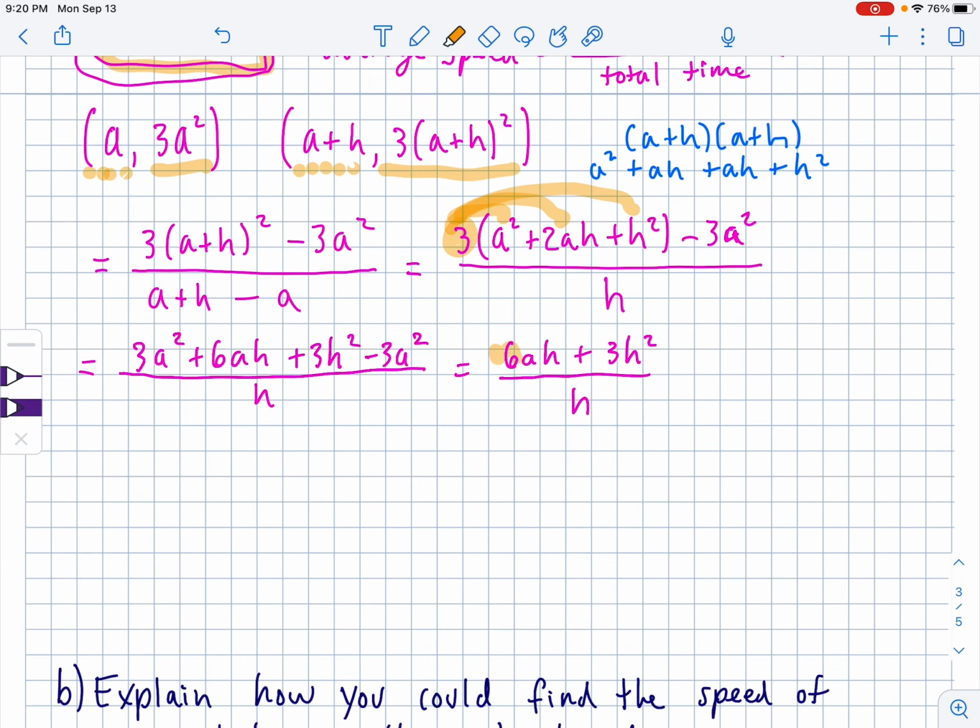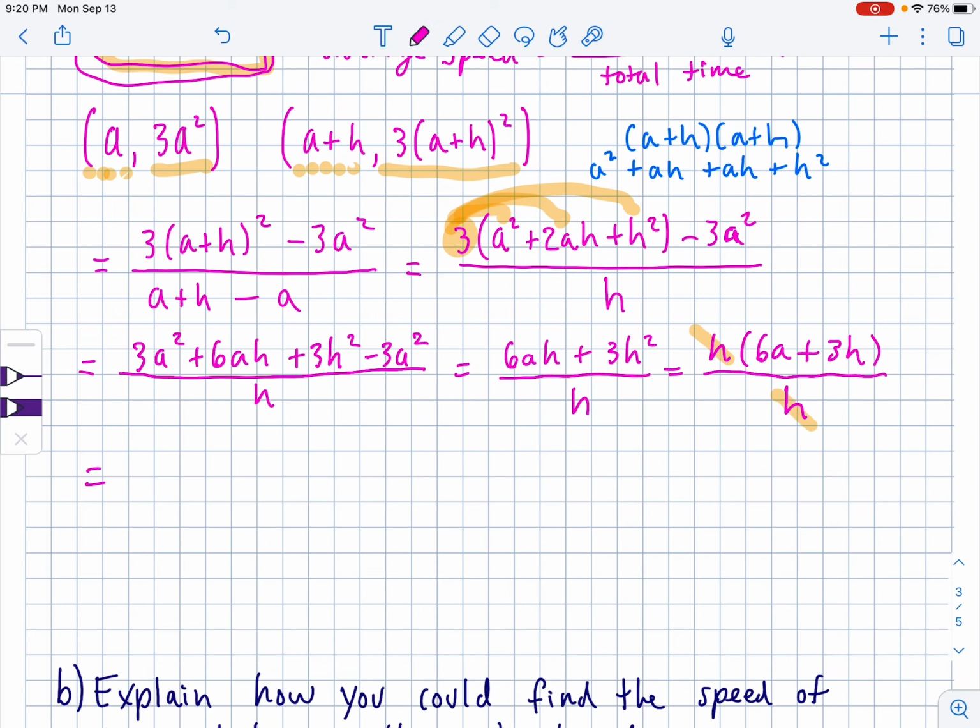Now, notice in the top that both of these terms have an h in them, so you can actually factor it out to get h times (6a plus 3h) all over h, and then this h and this h cancel each other out.